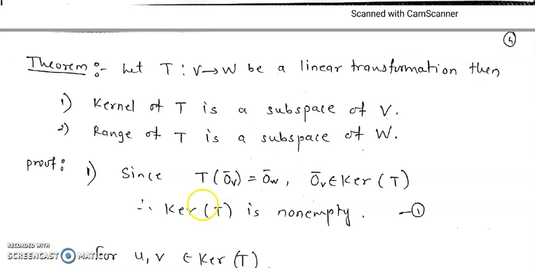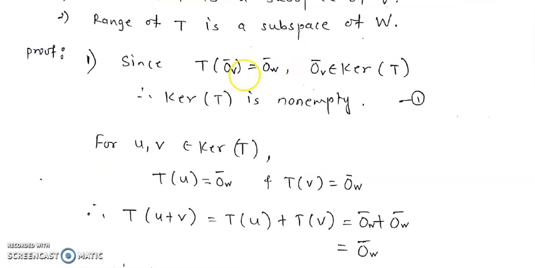First of all, we prove that kernel of T is a subspace of V. Now since T of zero vector in V is equal to zero vector in W, clearly zero vector of V belongs to kernel of T, and therefore kernel of T is non-empty.